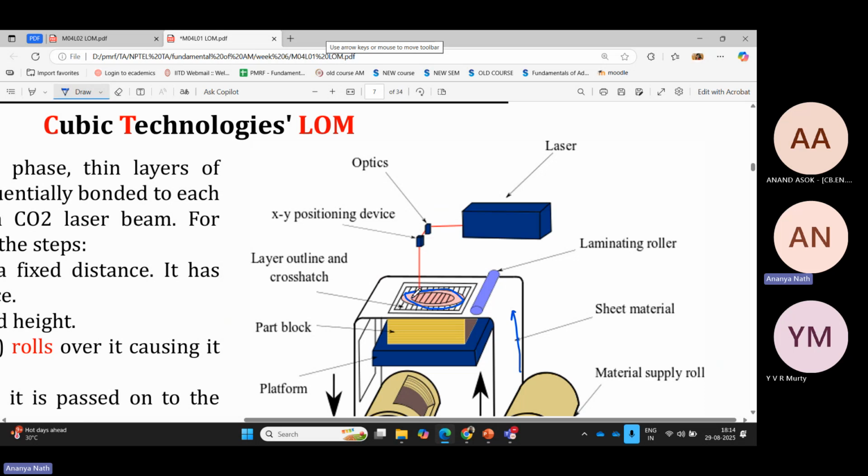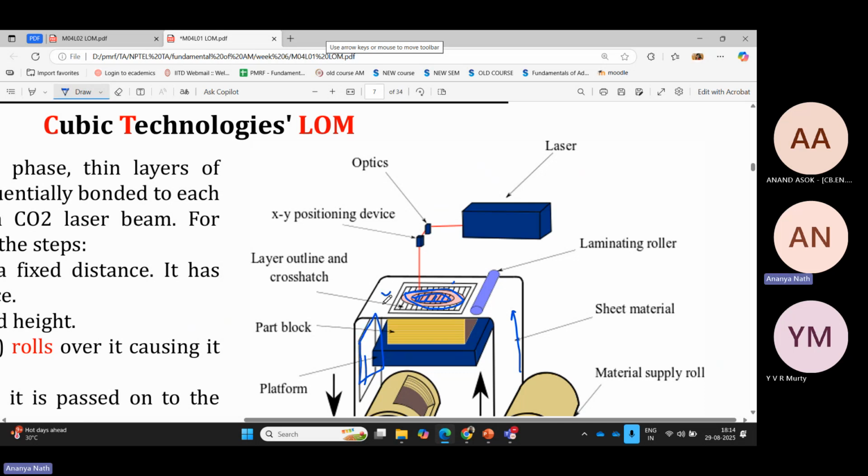As it is hollow from inside, the inner boundary will also be scanned, and it is making some lines like this. That means it is cutting, but the cut portion is not going anywhere. It stays over there, but it's cut. Now when the sheet goes on and the next layer comes, you can see this outer portion is cut. This is hollow now.